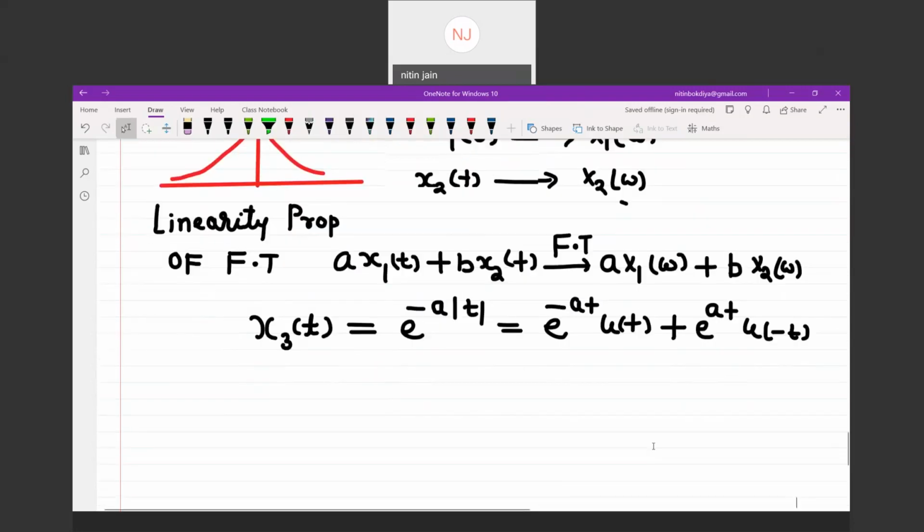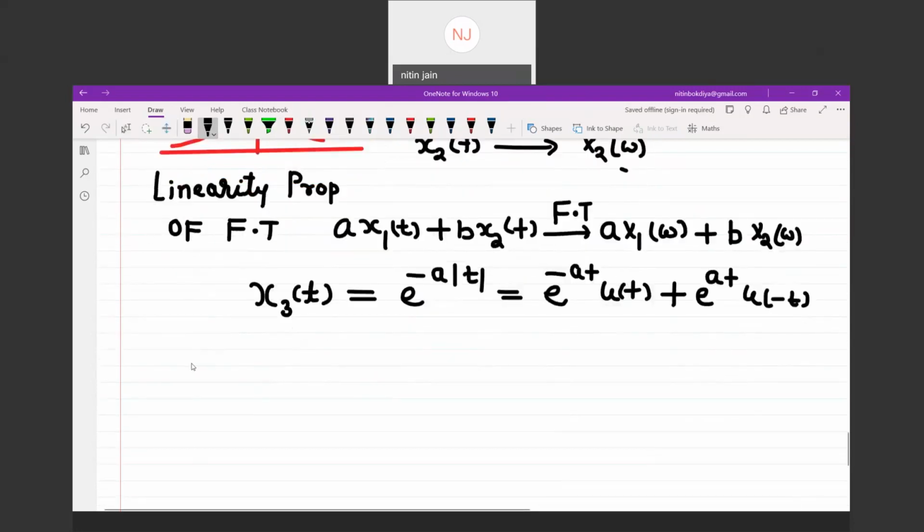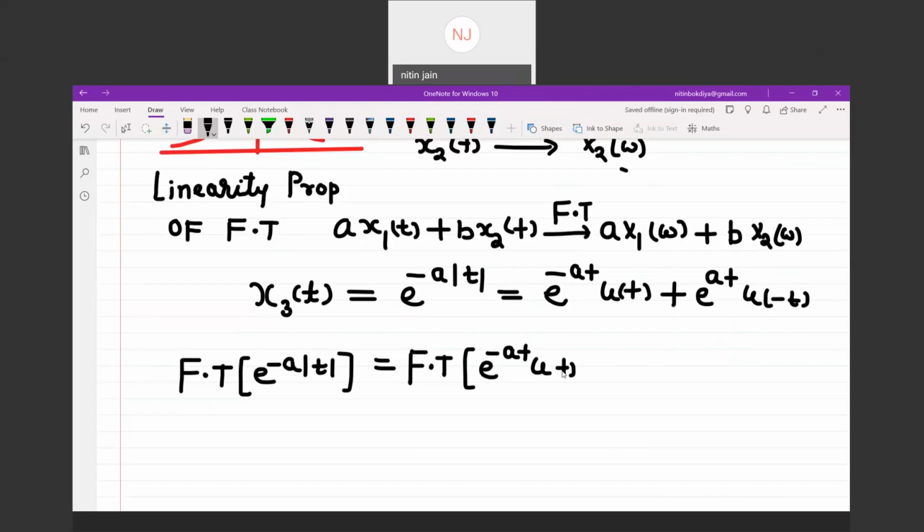So can I say the Fourier transform of e to the power minus a mod of t can be represented as the Fourier transform of e to the power minus at into u(t) plus the Fourier transform of e to the power at into u(minus t).